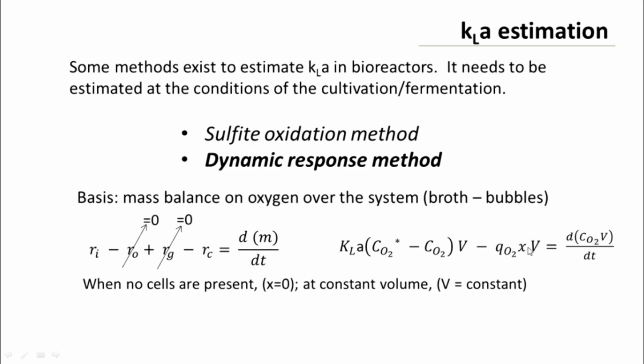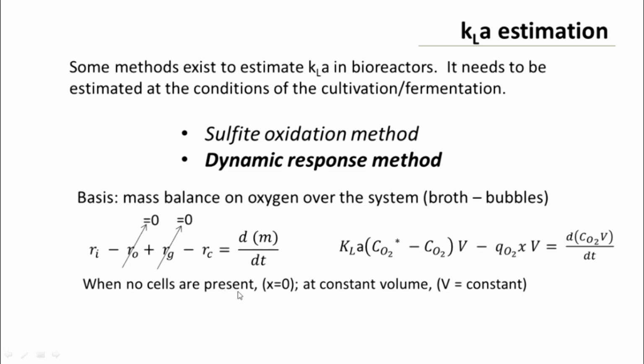Therefore, you need to multiply it by the cell concentration to get mass per volume per time, and then by the volume to get mass per time. The specific oxygen consumption rate is the name for QO2. We will probably look at that later; maybe it's not very relevant for KLa. If needed, we'll take a look at that.